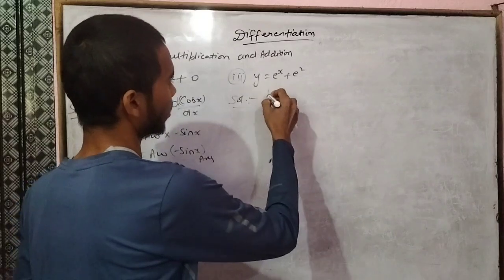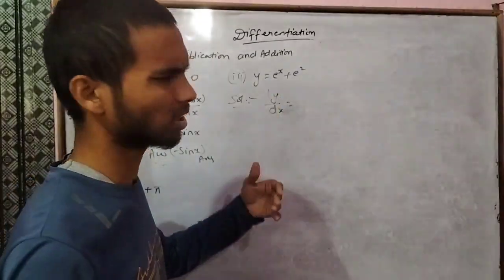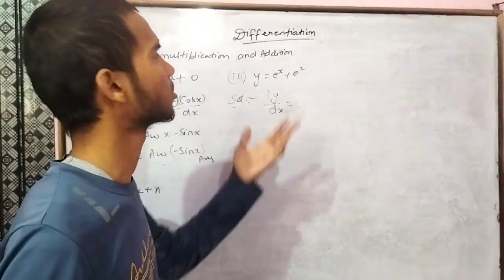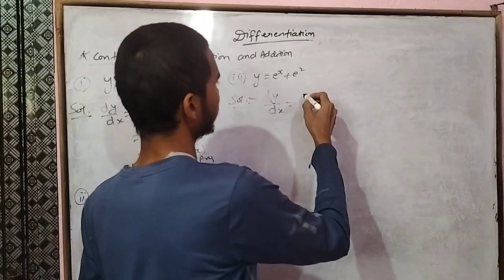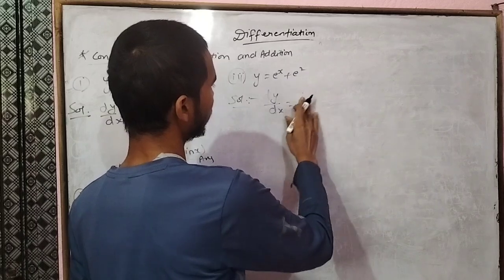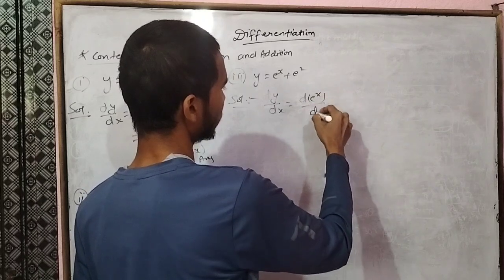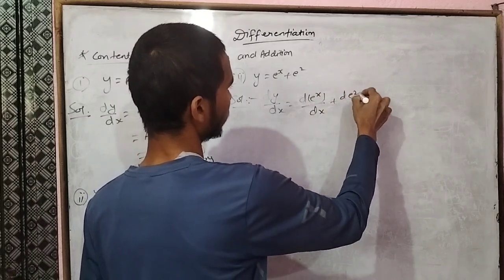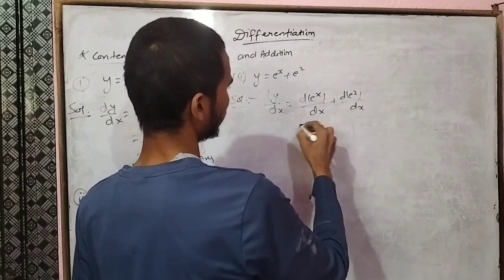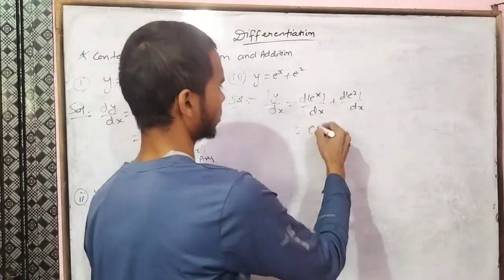Here, dy by dx is clear, and in place of y is a x addition, then a 2. So we don't have a number. Differentiation of x as it.